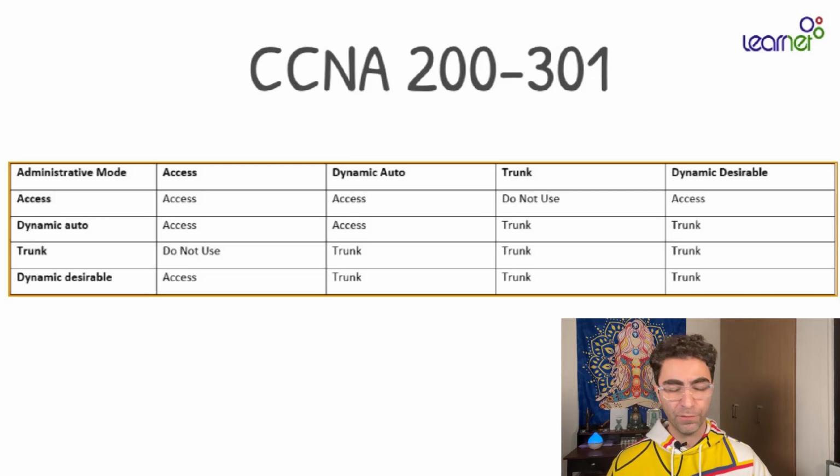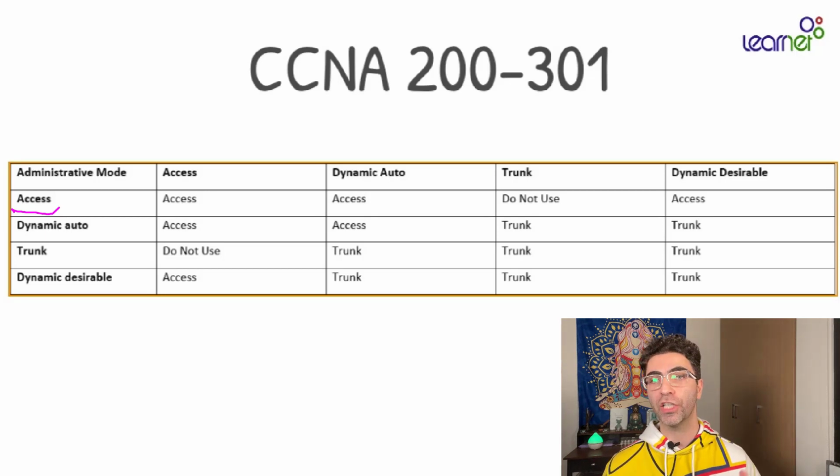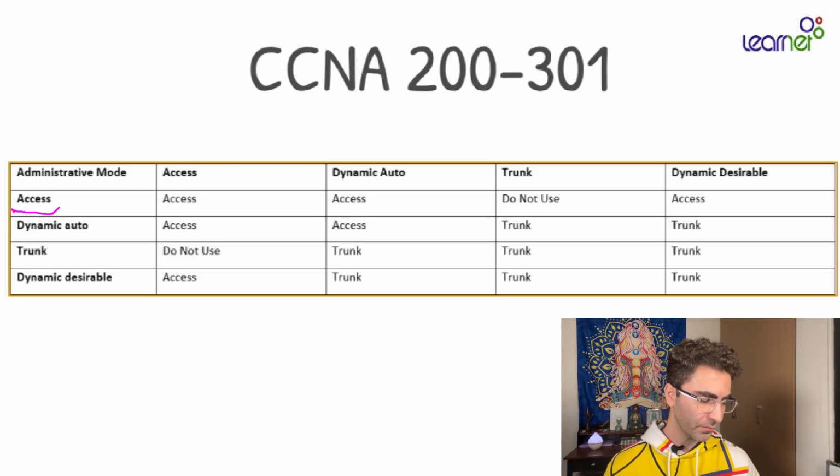If in front of your switchport mode command, you say access, it means you don't want to negotiate about being trunk. And this port has to work in access mode, which is recommended to be configured on interfaces that are connected to endpoints like PCs, servers, and so on.